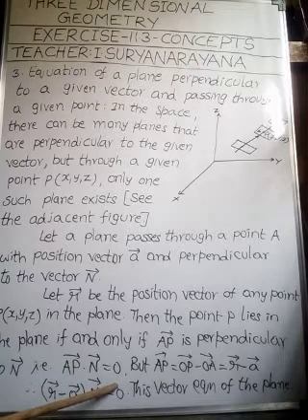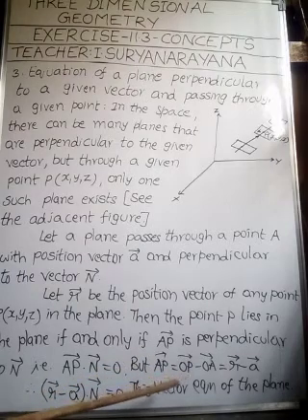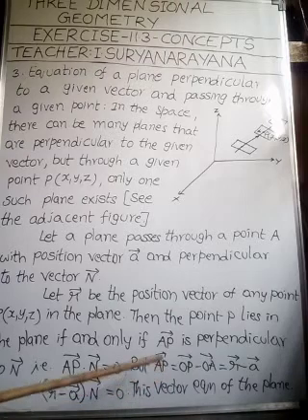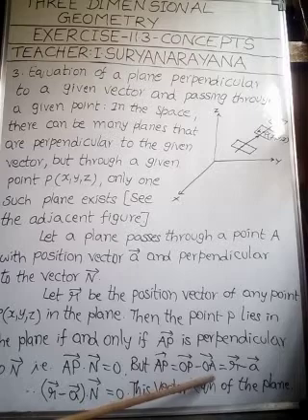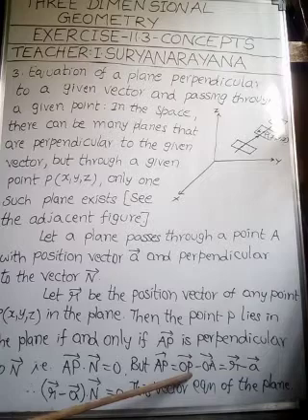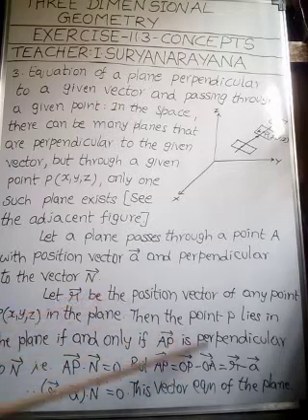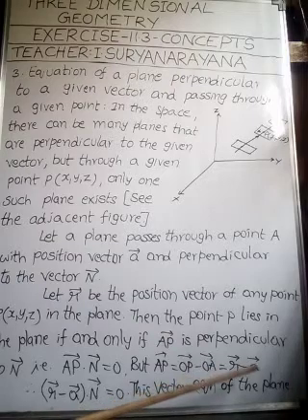Understood this equation, my children? Now, how do you write AP bar in terms of the position vectors of points A and P? AP bar is equal to OP bar minus OA bar. OP bar is the position vector of the point P, that is r bar, and OA bar is the position vector of the point A, that is a bar. So AP bar is r bar minus a bar.